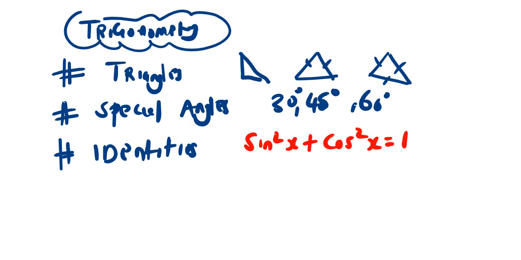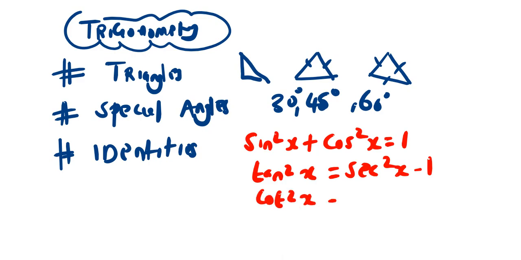This is very important because that's where all the other identities are going to come from. Identities like tan squared x equals sec squared x minus 1, and cot squared x equals cosec squared x minus 1, and other identities.